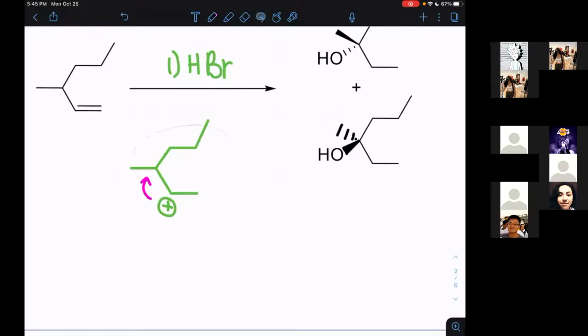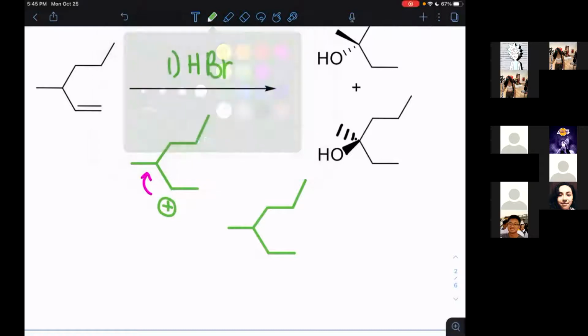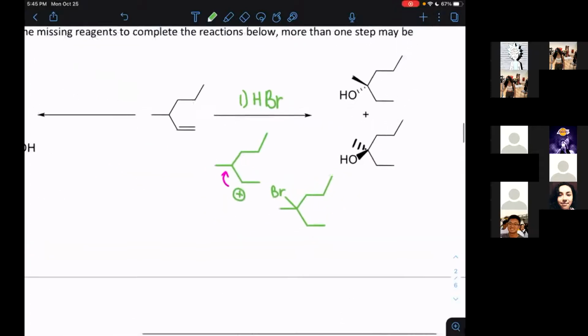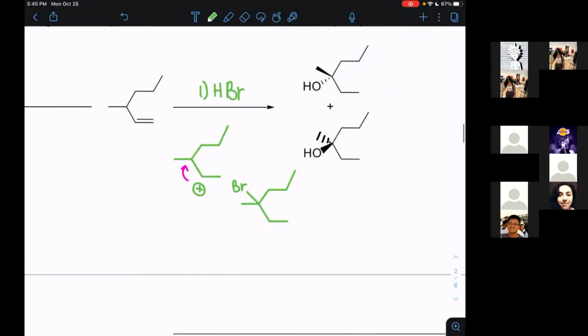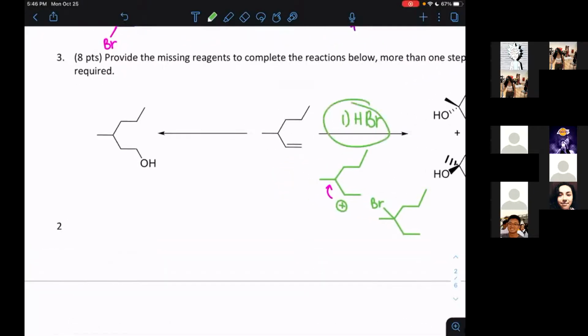Wait, let me. Because if I did a methyl shift, then I'll just have another one coming out of here, which is kind of what's happening anyway. And then this one will be Br. But that's for the right-hand side, not the left-hand side. Oh, you're doing the right-hand side. Yes, I know. I was looking at the wrong one. I thought you were on the other. Okay, sorry. I did at first, but then I messed it up right from the beginning because that definitely would not be this kind of reaction on this side.